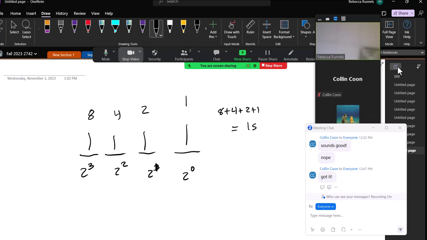That number is 1 less than what I would get if I had a 1 in the next spot.